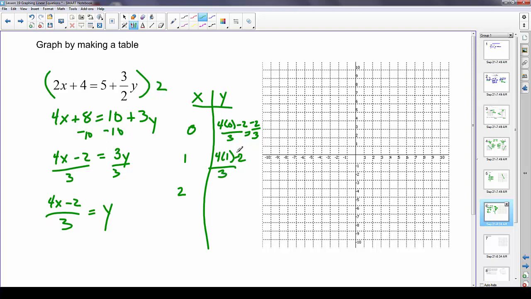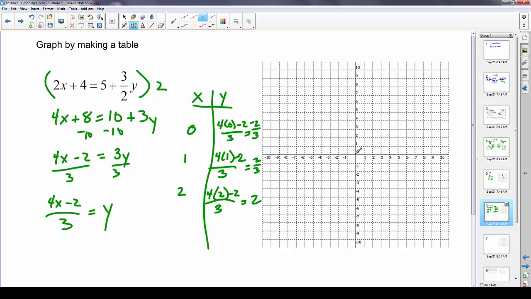So that's 4 minus 2, which is 2 over 3, or 2/3. When I plug in a 2, I have 4 times 2 minus 2 over 3. 4 times 2 is 8, minus 2 is 6 over 3, which is 2.